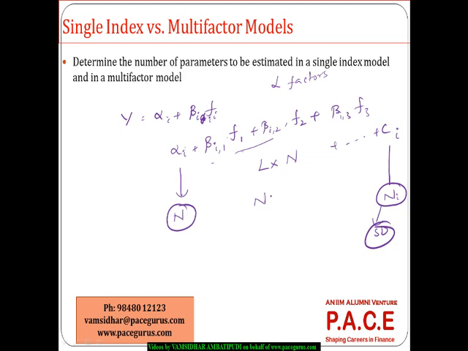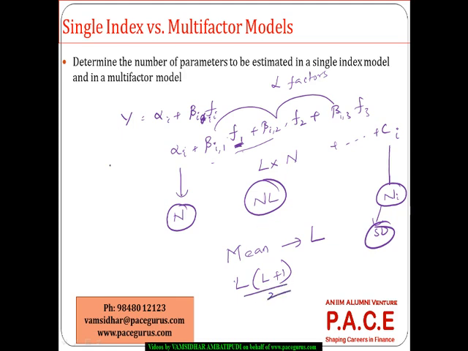So I require nL different data values associated with each of the L factors, and for each of the factors I require a mean value. So I require L different means, and at the same time there could be an interrelation or a kind of correlation existing between each of the factors, which means I need to find out the covariances between each one of them, which will give me L into L plus 1 by 2 such covariances.